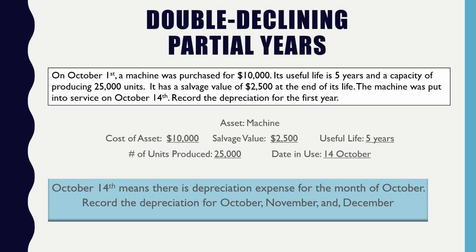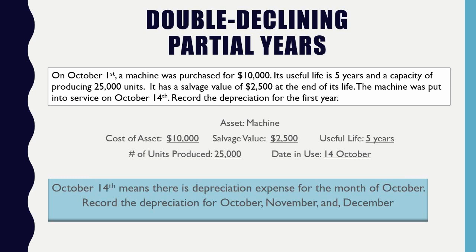So therefore, you can safely assume that you depreciate starting the following month. So in this case, I did it on October 14th, so that's actually more than 50% of the month. So that means I have to depreciate October, November, and December. And how many months is that? 3. It's 3, correct.